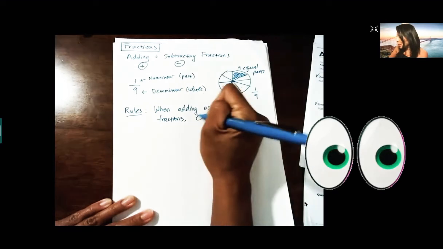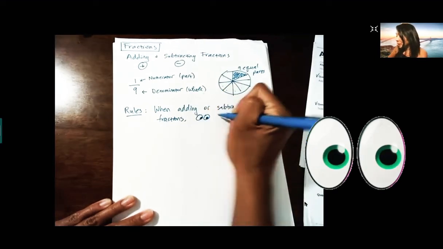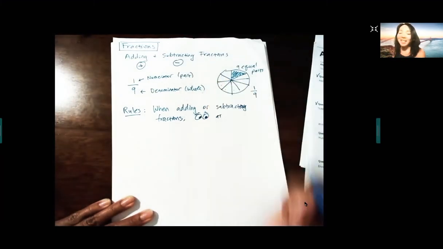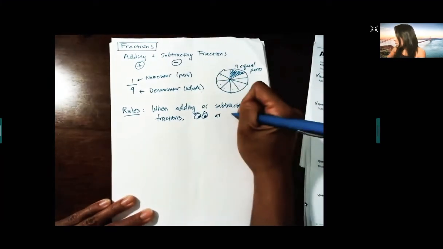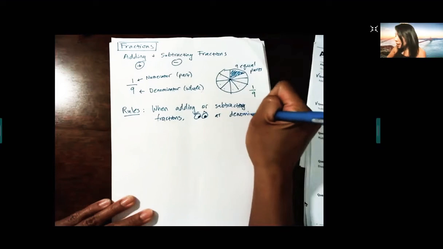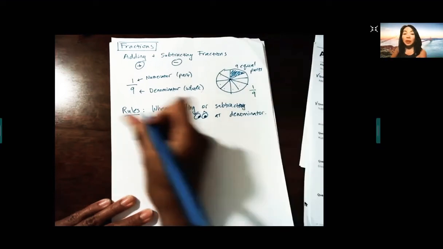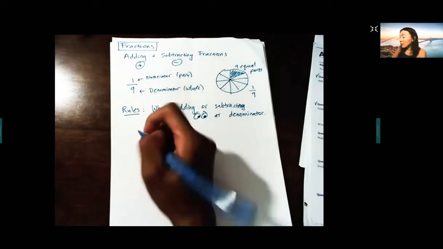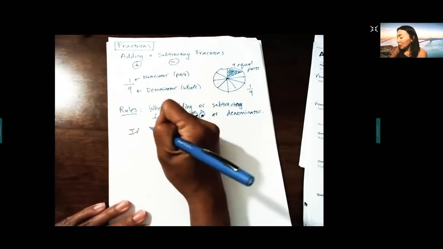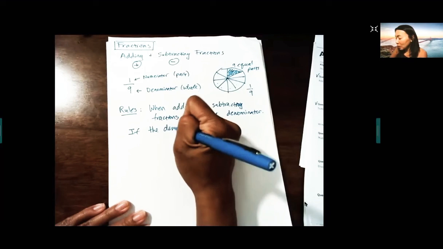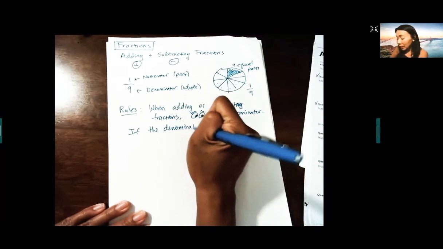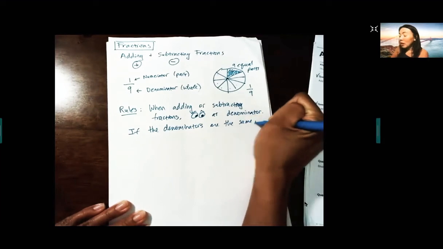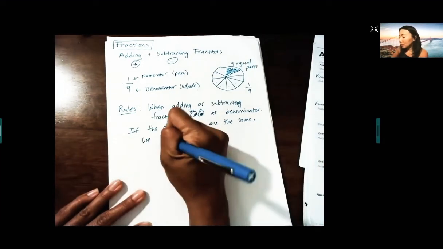So I'm going to put eyeballs with eyebrows here. Look at the denominator. So again, the denominator is the number on the bottom of the fraction. So if the denominators are the same, then what we call that is that we have like fractions.